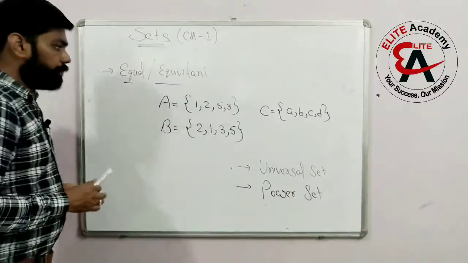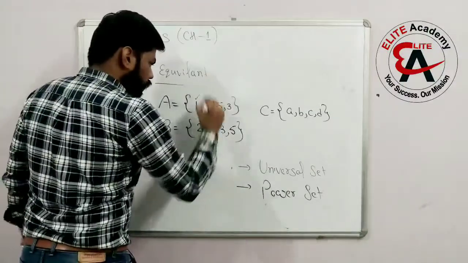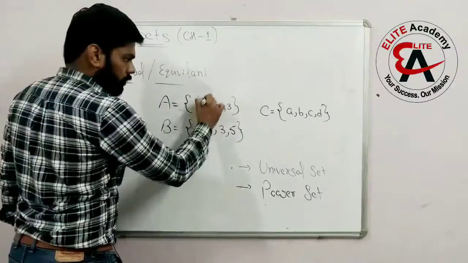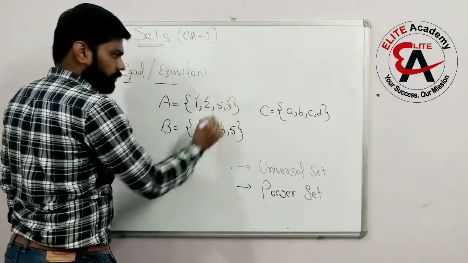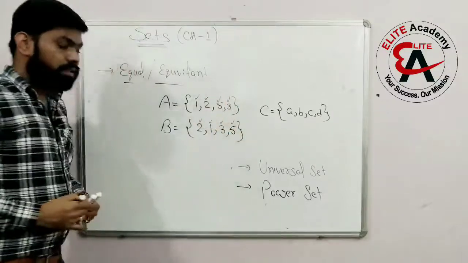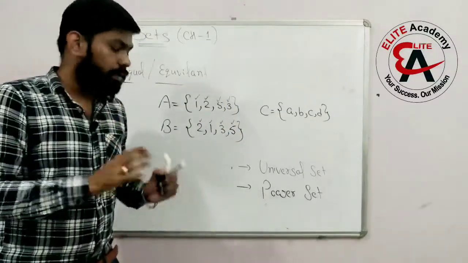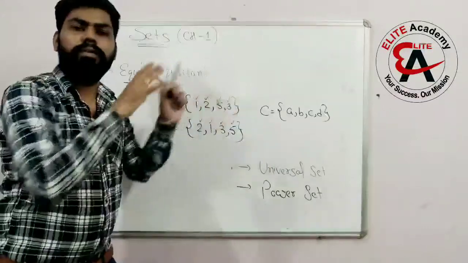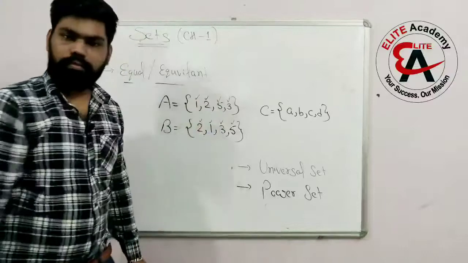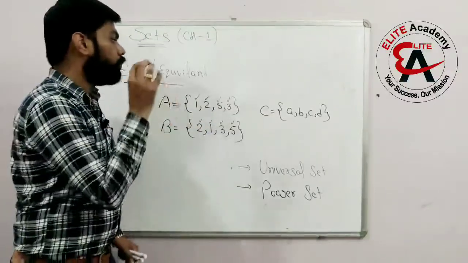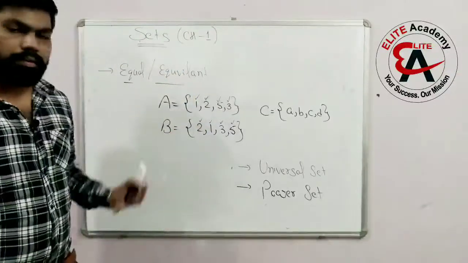But if you can see, 1 is there, 1 is there, 2 is there, 2 is there, 3 is there, 3 is there, 5 is there, 5 is there. Number of elements are the same, but every element is also same. Like all elements of A are in B, or all elements of B are put inside A. ठीक है.